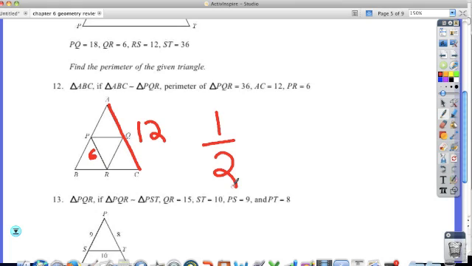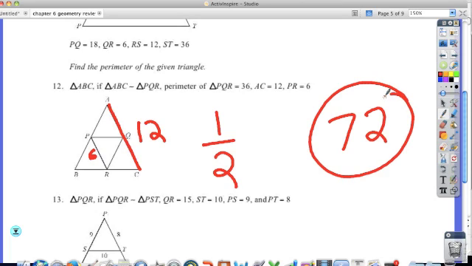So if the perimeter here is 36, remember perimeter is going to be the same relationship as the ratio, right? So the perimeter is going to be 72. Is area going to have the same relationship? No. Why not?